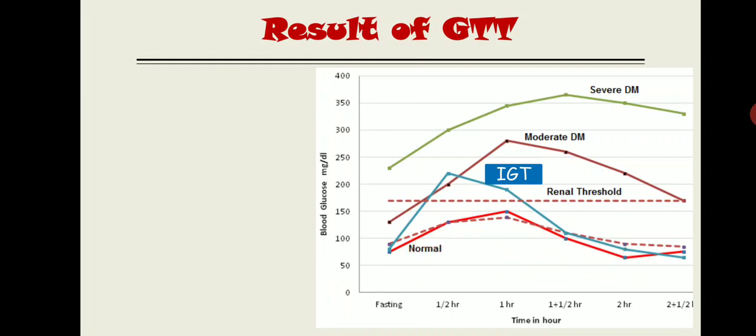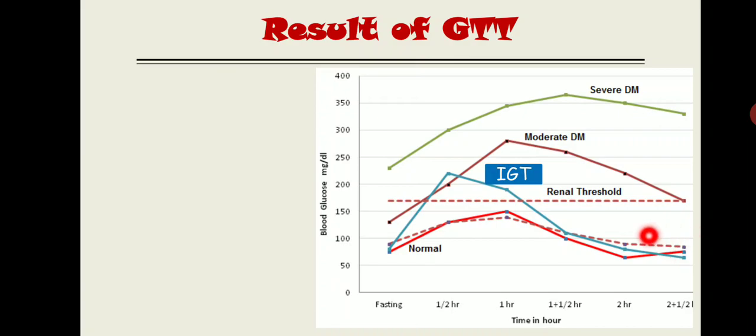This red curve shows the normal glucose tolerance. The person's blood glucose level does not rise more than the renal threshold. The renal threshold, the dotted line, is shown at 180 mg per deciliter.